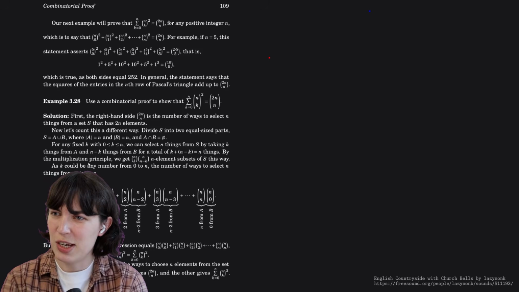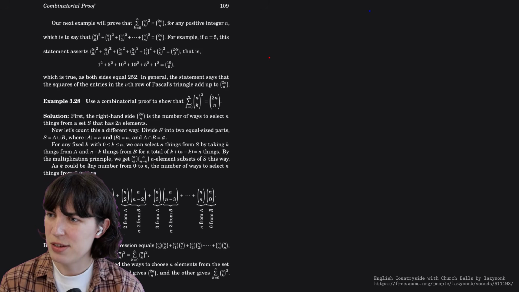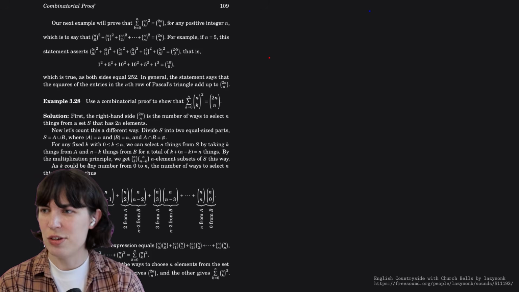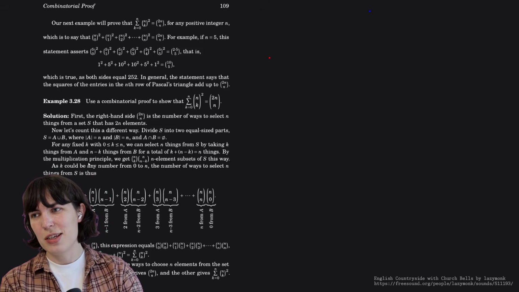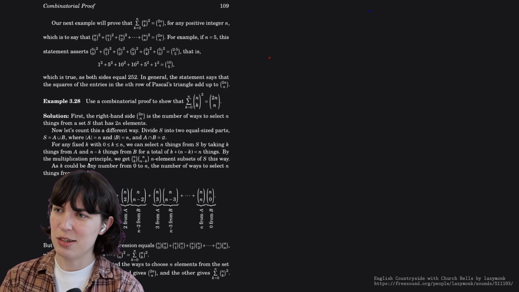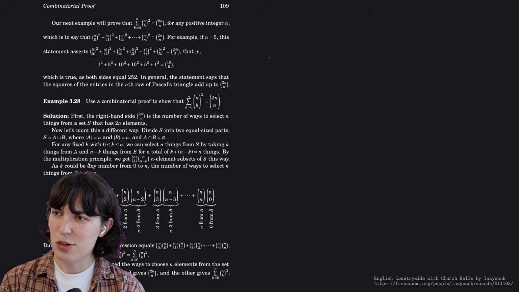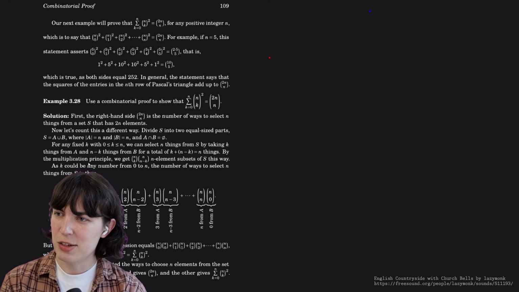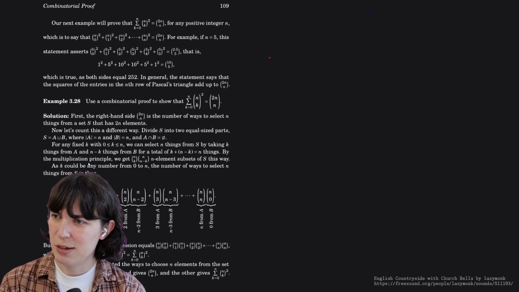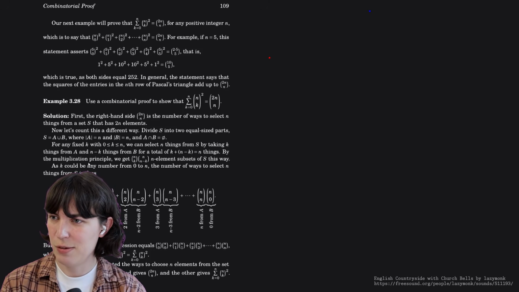For any positive integer n, which is to say n choose 0 squared plus n choose 1 squared plus n choose 2 squared, etc., all the way to n choose n squared, is going to equal 2n choose n. For example, if n equals 5, the statement asserts that thing, which is true as both sides equal 252.